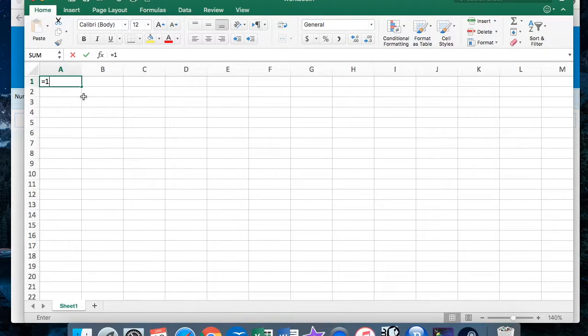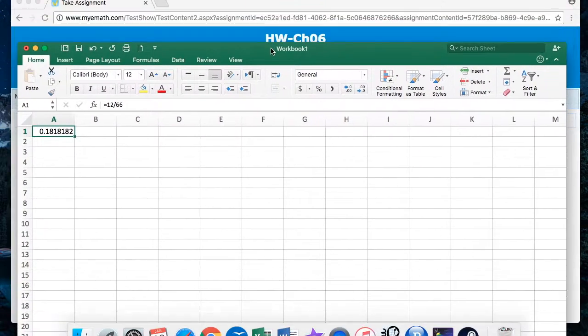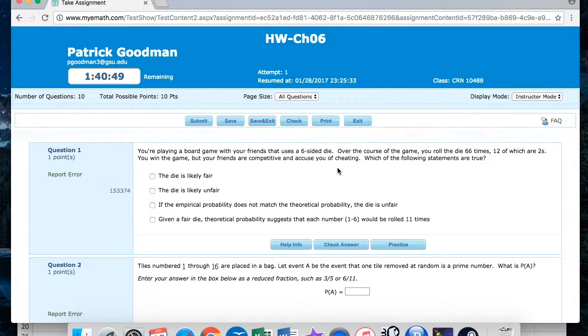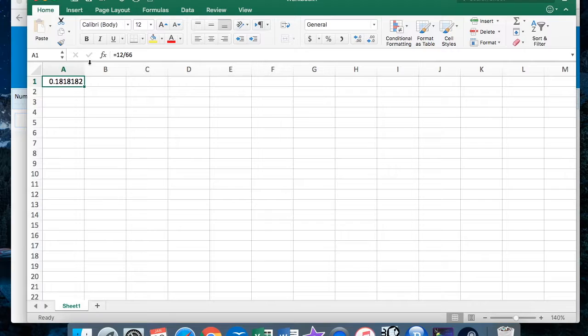Let's do 12 divided by 66. Okay, so about 18%. That doesn't seem like it's way out of the realm of possibility. So let's see what approximately each side should see. If we roll it 66 times and there's six sides, this is 66 divided by 6.